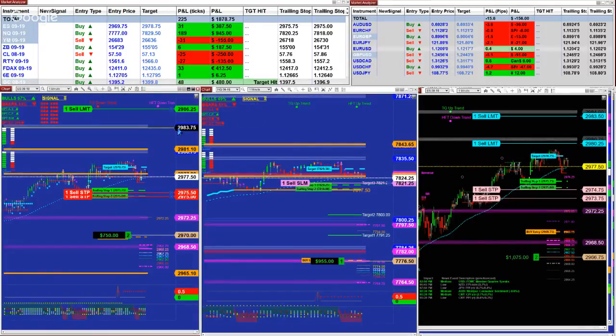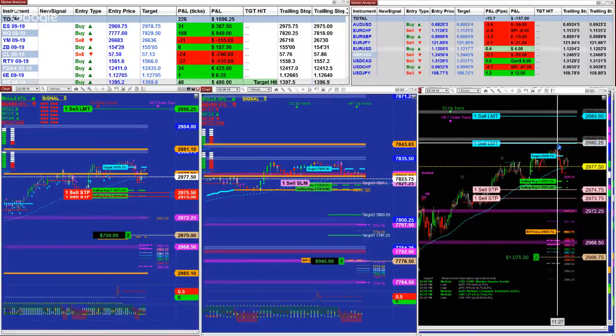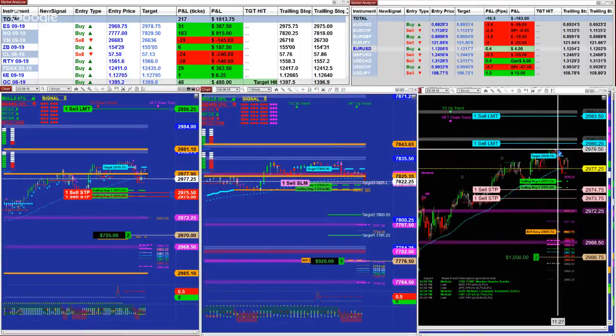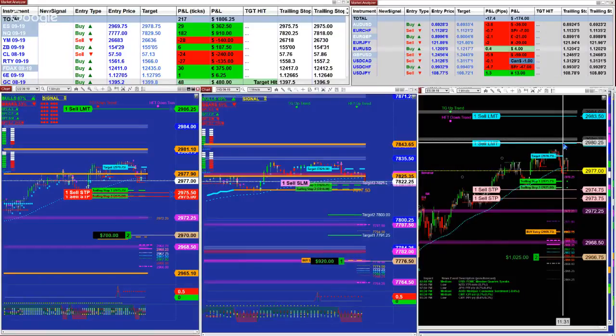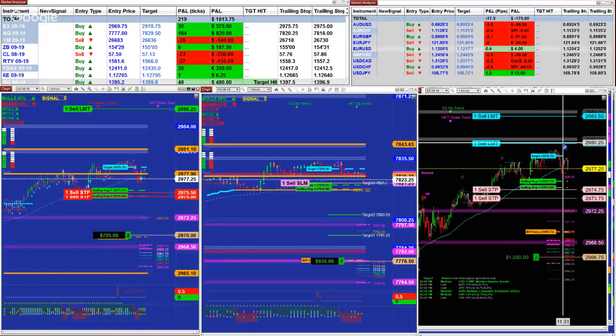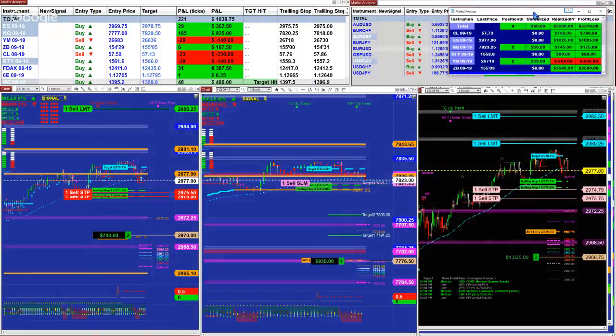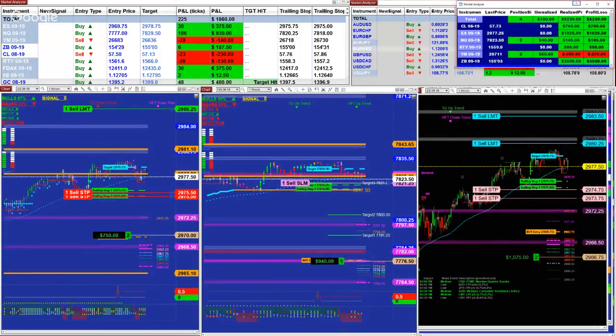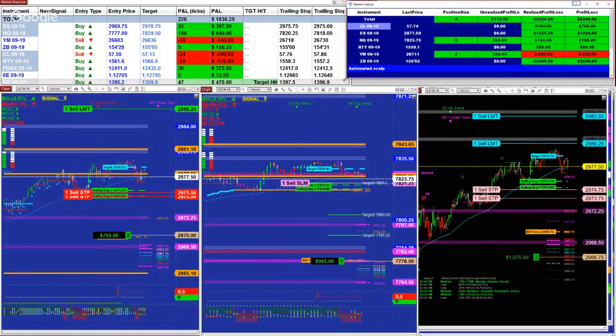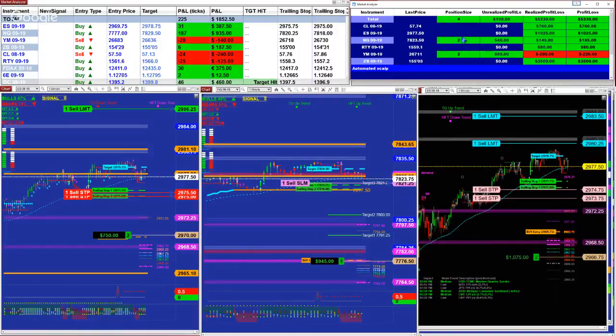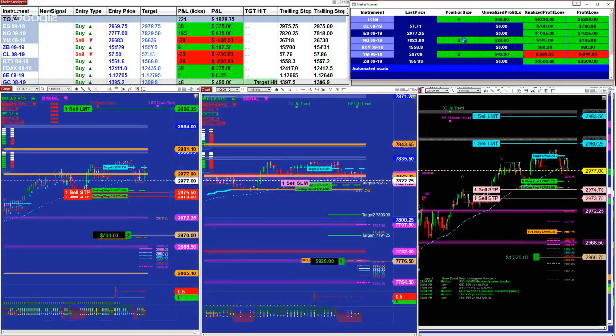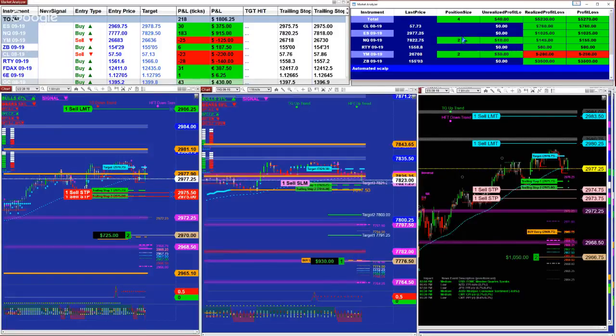Look at this. We went all the way up to 79.50 and we have an 80.50 target. That's what we were expecting. The scalping was actually in trouble this morning, and now the scalping is starting to kick in. It was in a lot of red earlier today, and now it's kicking in again.